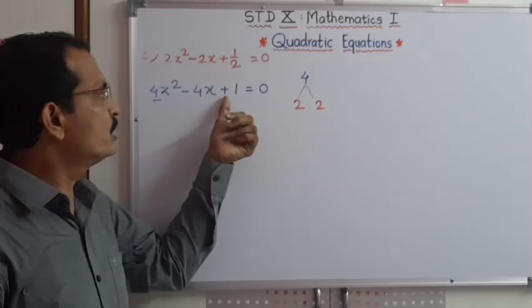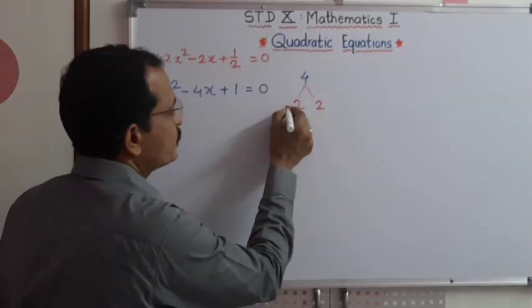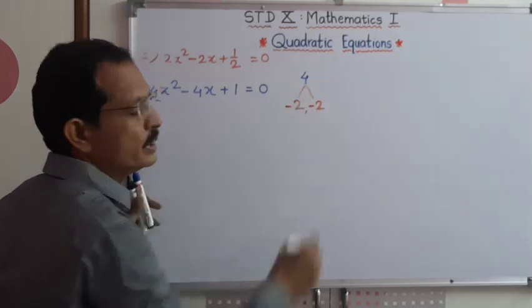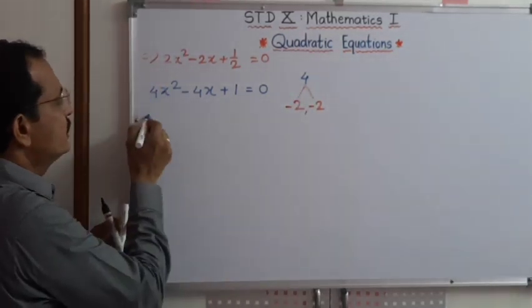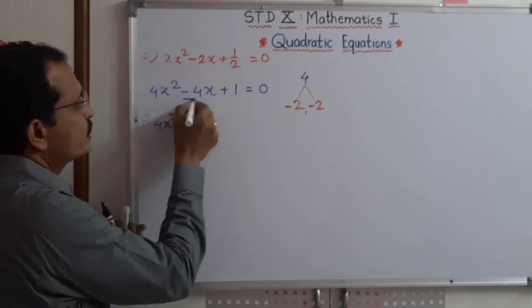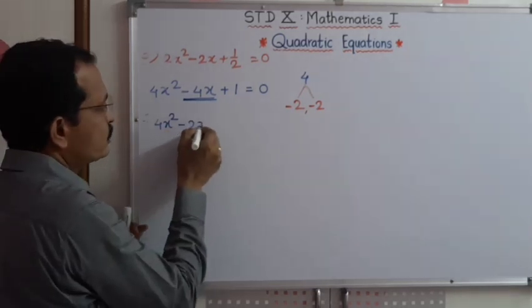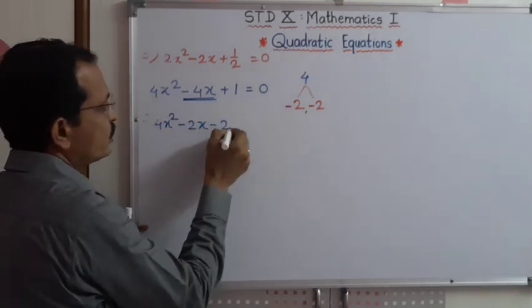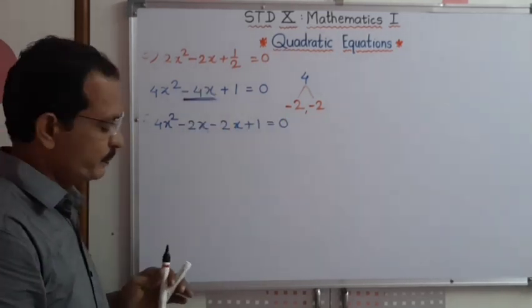Therefore the sign of the middle term goes to both the factors, that is minus 2 and minus 2. These are the factors. Now see here, 4x square, instead of this minus 4x, we have to write minus 2x minus 2x plus 1 equal to 0.